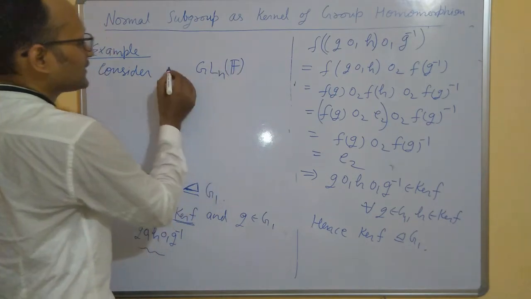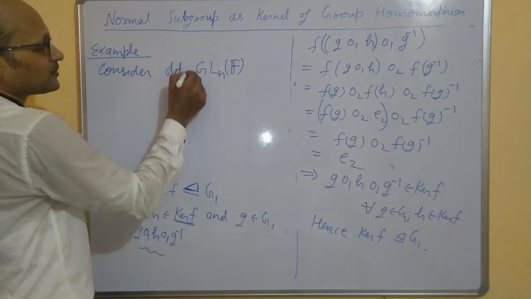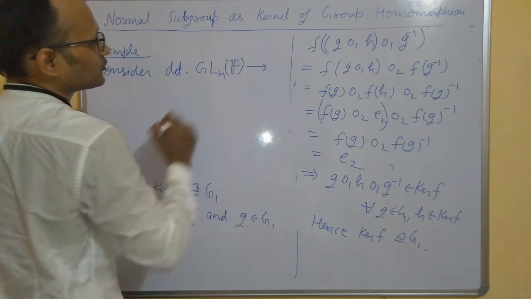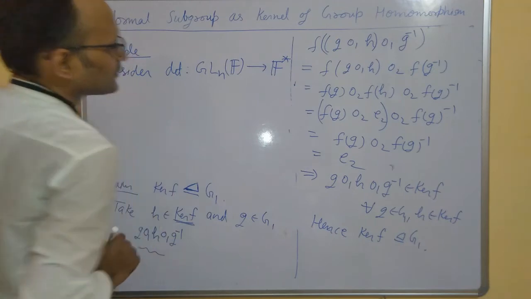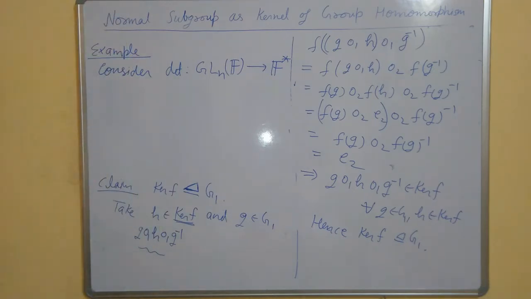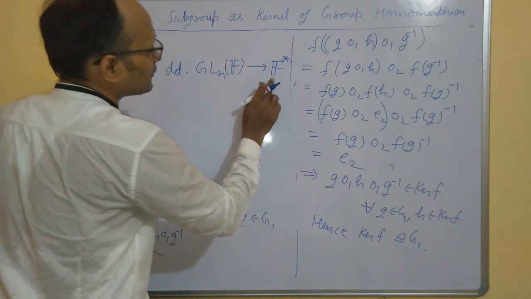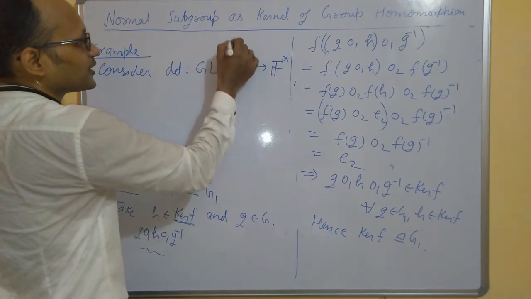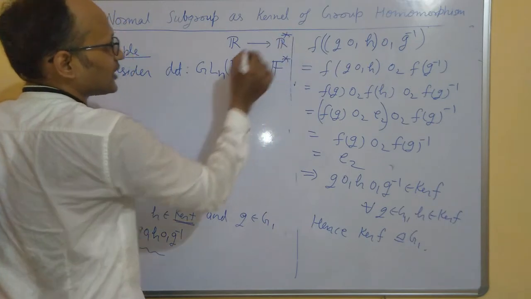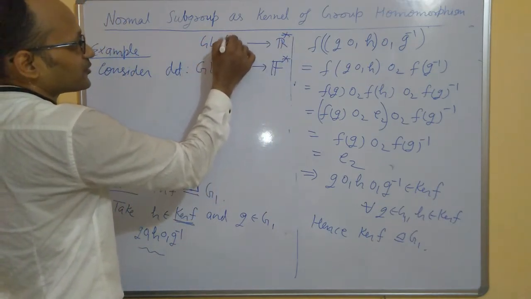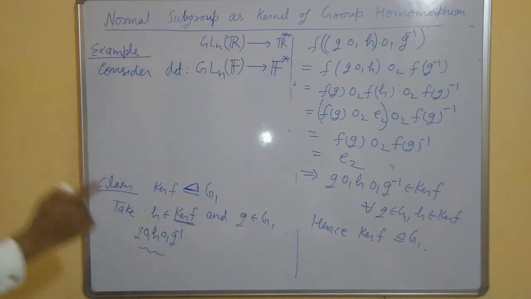And consider a map. The map is the determinant map from GL_n(F) to F star, where star means remove 0. If you are not comfortable with field, you can use the set of real numbers, and here it is going to R star, meaning the real numbers minus 0, which is again a group with respect to multiplication.